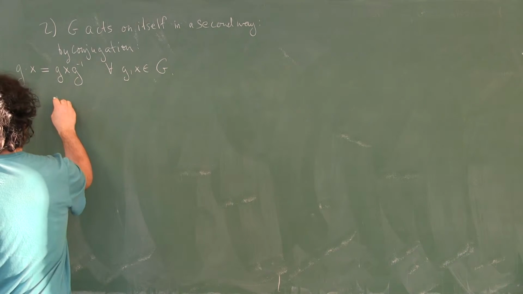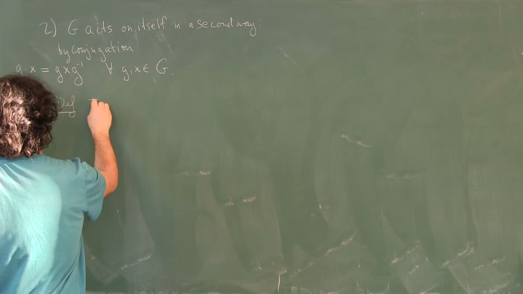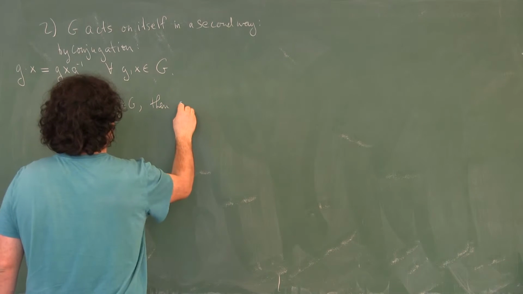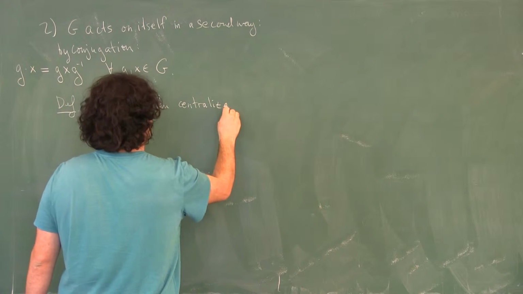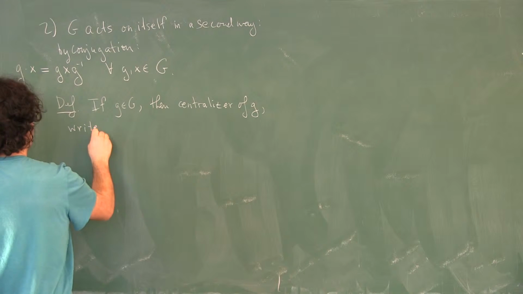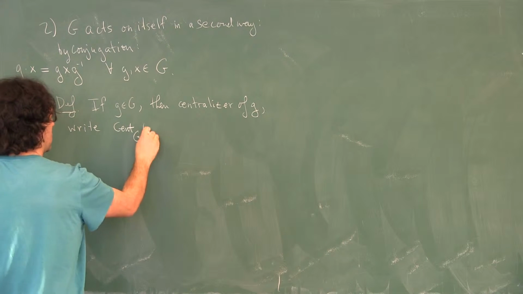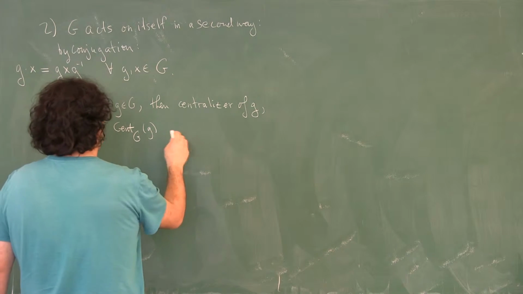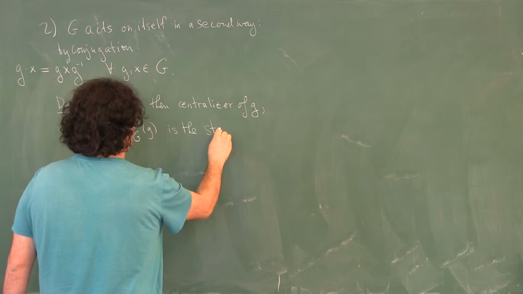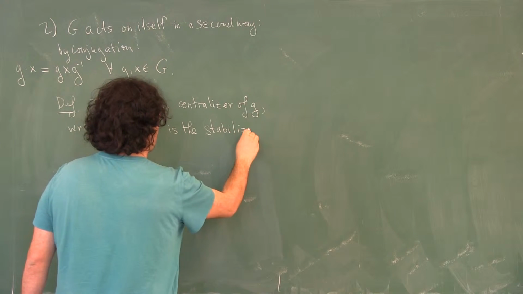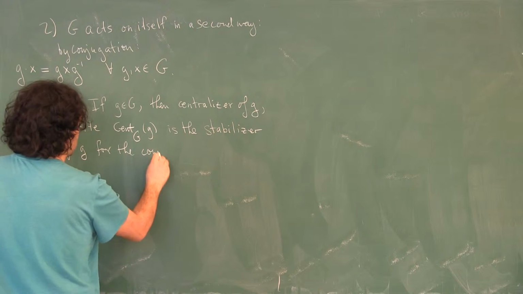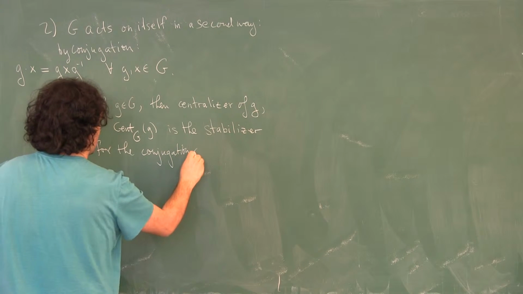By definition, if g is in G, the centralizer of g, which I will write Cent_G(g), is the stabilizer of g for the conjugation action.